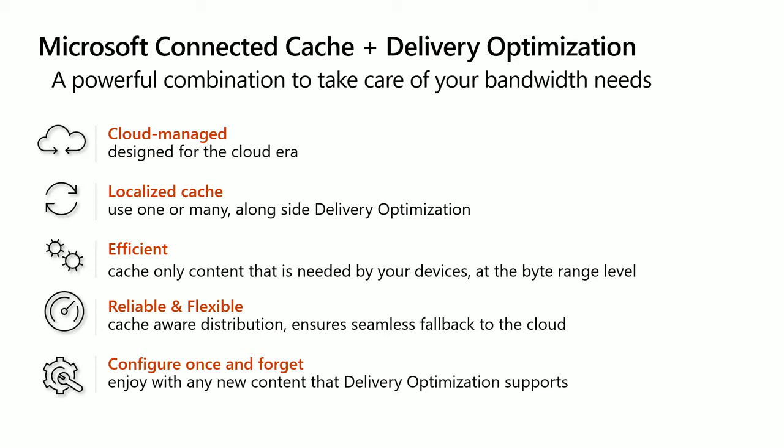And so just a few highlights here. One that I just want to share from this slide, that it's a localized cache. So this is going to sit somewhere in your network, so it's not going to be in the cloud. And also, it is efficient in the same way that DO only pulls the content that you need.